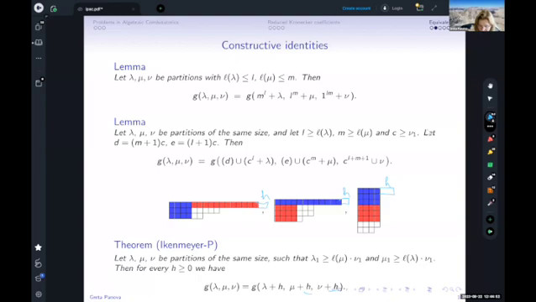And this is a more general statement, where all we need here is these inequalities, that lambda_1 and mu_1 are long enough. And this always holds. And now we are going to prove this. So, any questions so far?